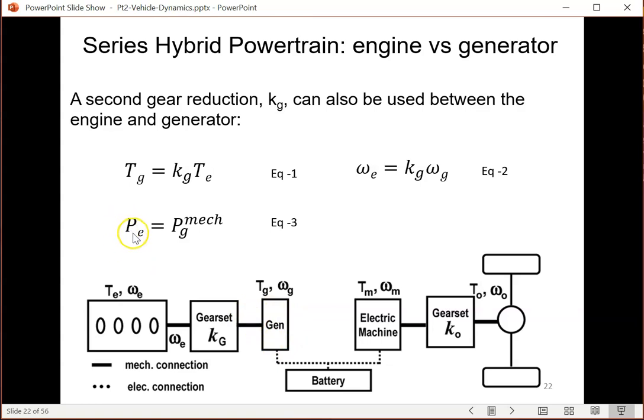So that's PE equals TE times omega E. PG, mechanical, equals TG times omega G. Now substitute these two into that equation, and you can prove the output mechanical power of the engine equals the input mechanical power of the generator. That's equations 1, 2, and 3 for you. Okay, so that's the relationship between the engine and the generator.